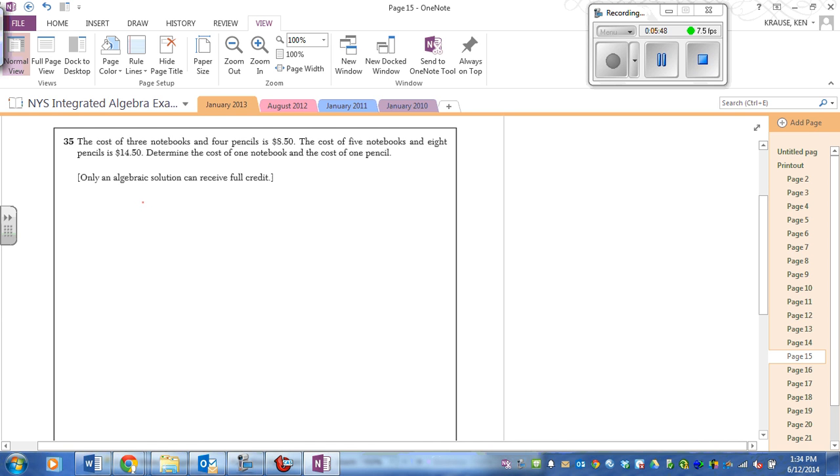The cost of 3 notebooks and 4 pencils is $8.50. The cost of 5 notebooks and 8 pencils is $14.50.